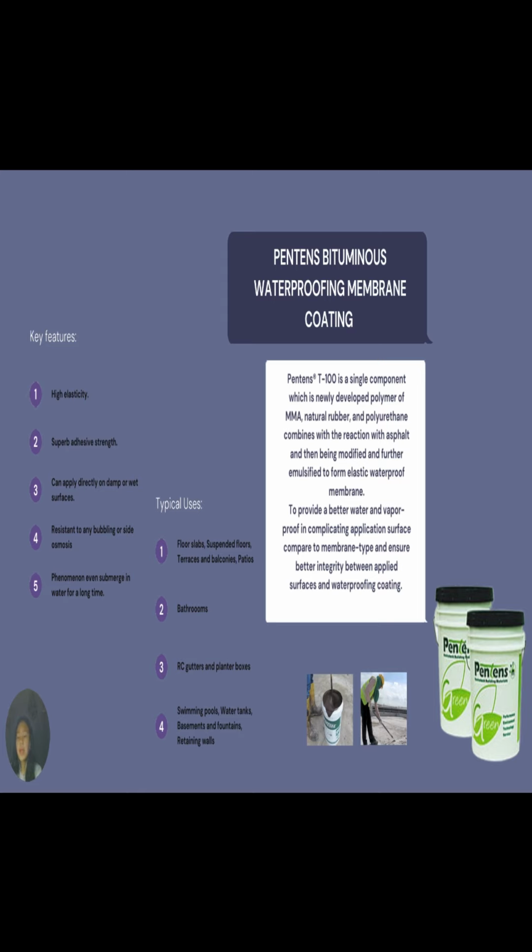It has high elasticity, superb adhesive strength, can be applied directly on damp or wet surfaces, and is also resistant to bubbling or side osmosis phenomenon even when submerged in water for a very long time. It can be used for slabs, suspended floors, terraces, and balconies. It also can be used in patios, bathroom, RC gutters, planter boxes, swimming pools, water tanks, basements, and etc.